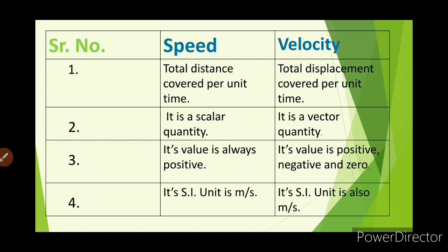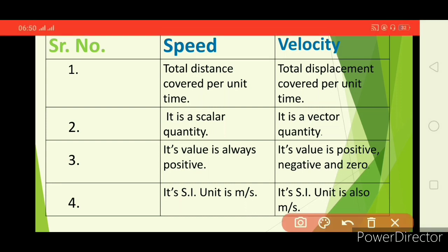Now we have the difference between speed and velocity. Speed gives us total distance covered per unit time. That means in per unit hour how many kilometers you traveled. Velocity gives us displacement covered per unit time. That means it is the same as speed, but one thing is added, which is direction.